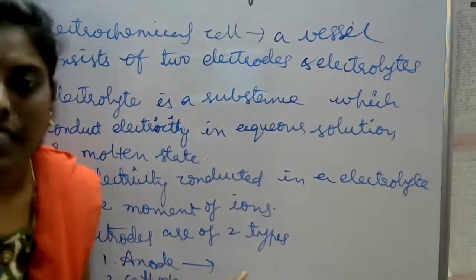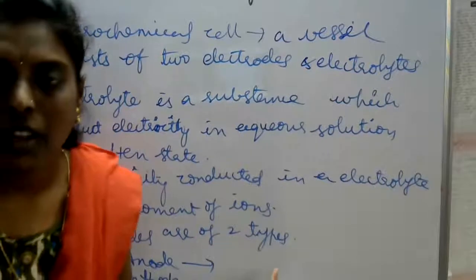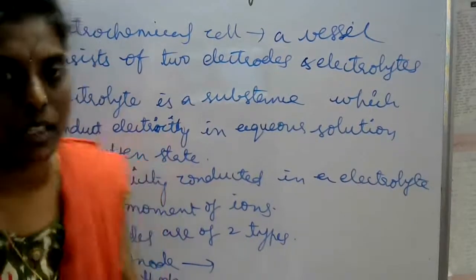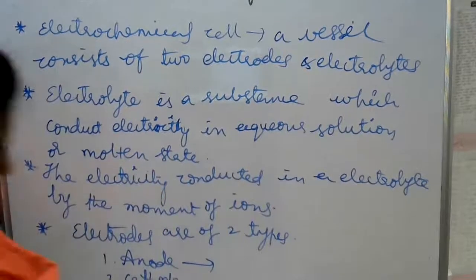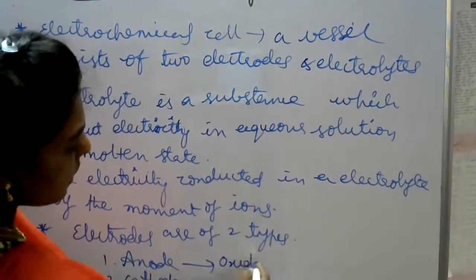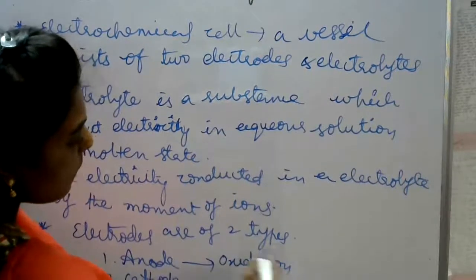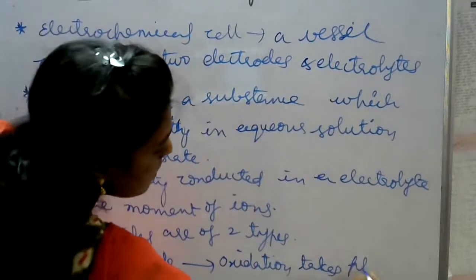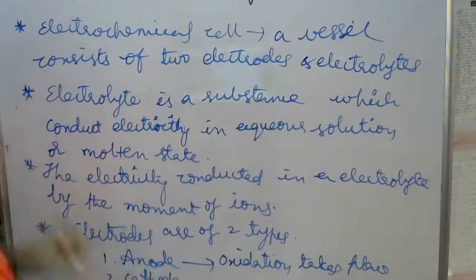Which process takes place at the anode? At the anode, oxidation takes place. Loss of electrons takes place at the anode.